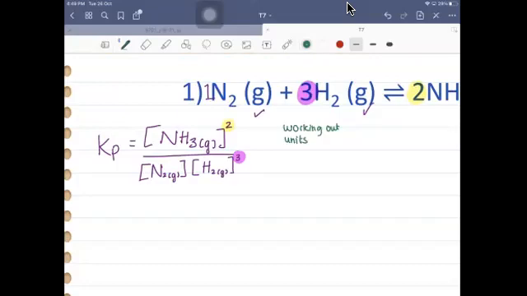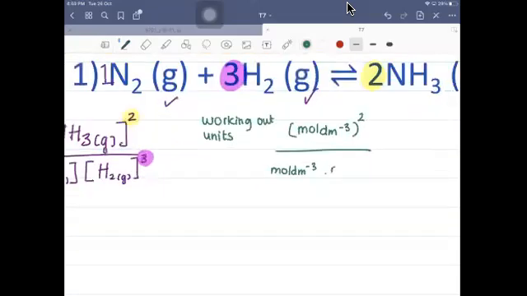So if I'm working out the units, the top part of the fraction is mole per dm cube squared. The bottom part is mole per dm cube for the nitrogen, and for the hydrogen it is mole per dm cube to the power of 3. I wouldn't open the bracket at this point yet. You leave that to the very last stage because it's easier to see.